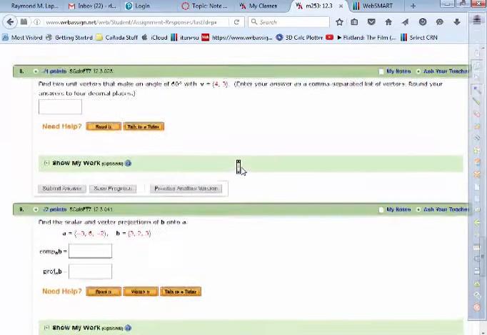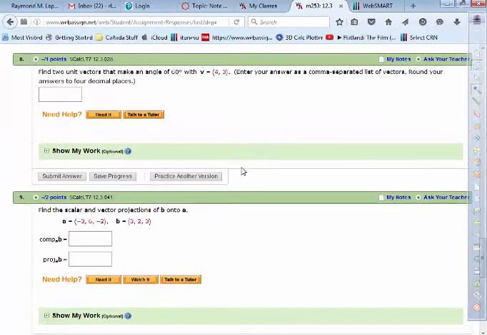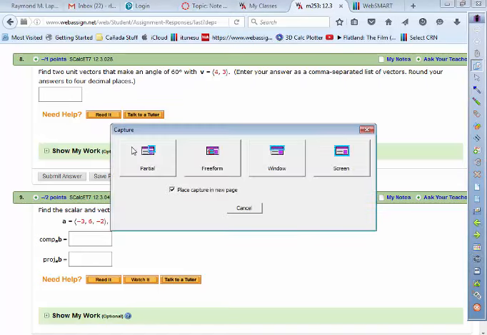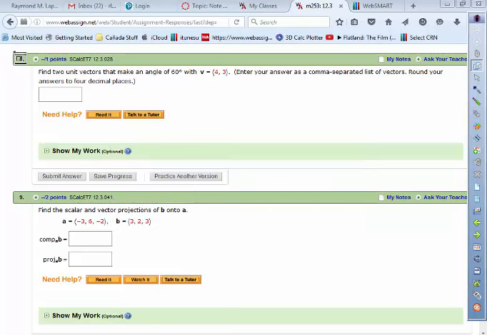Let's take a look at number 8, because that looks kind of interesting. Find two unit vectors that make an angle of 60 degrees with V. How do we do that? So this will require the dot product, clearly. We're in the dot product section.